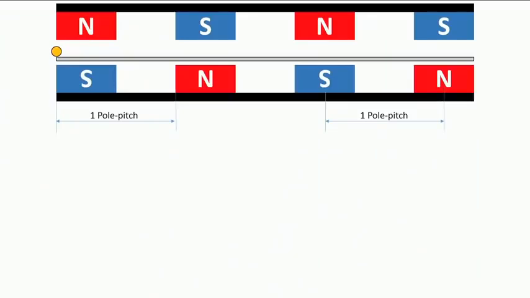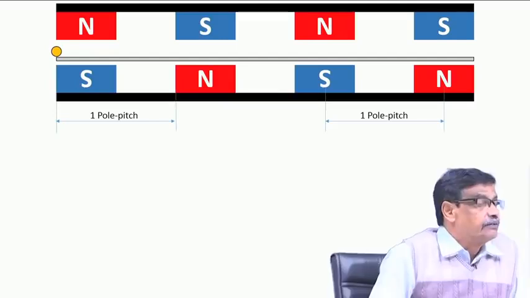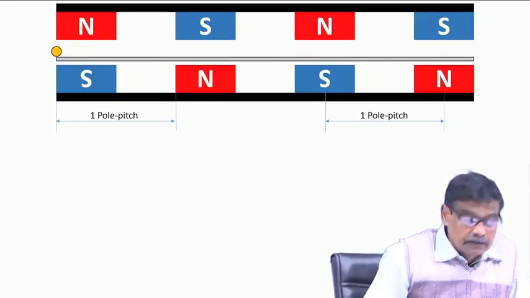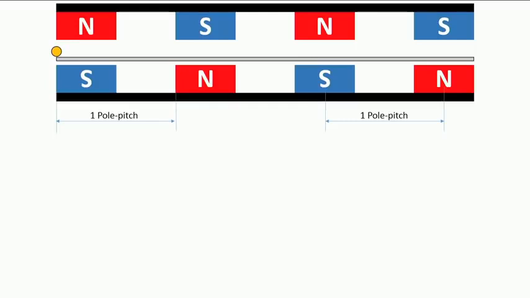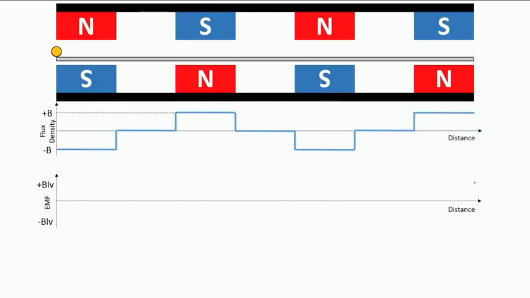Here you see that the conductor is marked with a yellow sectional view. It is perpendicular to the board, and it is stationary. Now, in the next slide, I have shown the B distribution, which is rectangular like this, not sinusoidal.